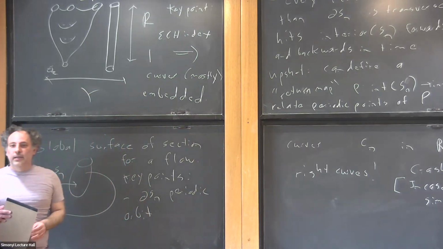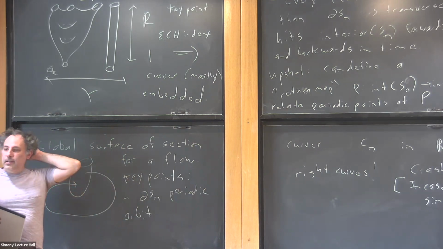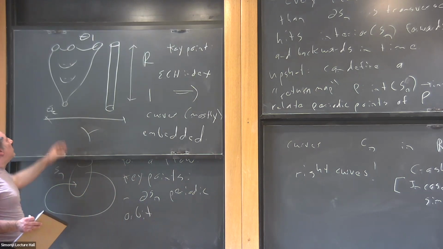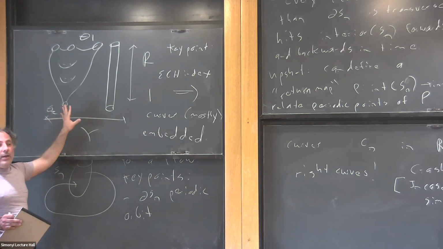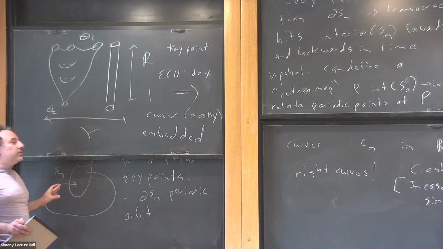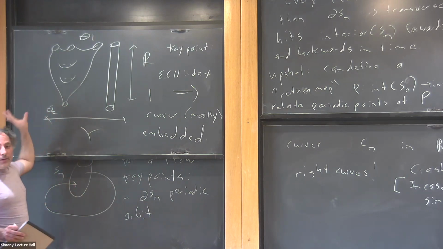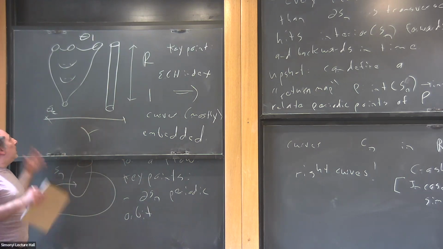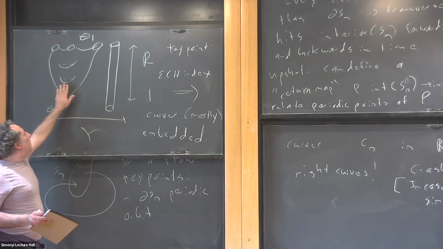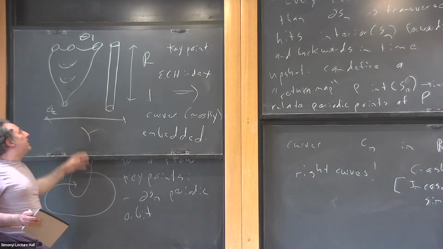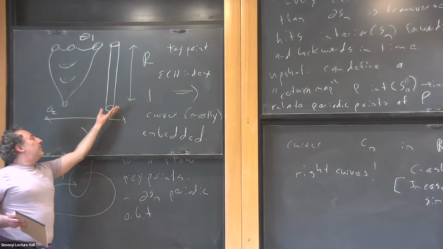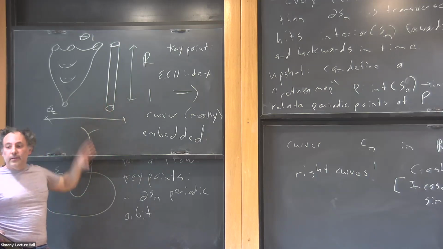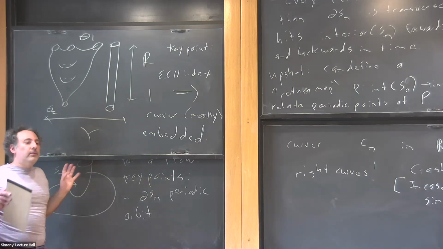What's the meaning of mostly? It has to do with this decomposition. If I have an ECH index 1 curve, it could have many components, but it turns out that it has only one non-trivial component, namely a component that's not R-invariant. That non-trivial component is actually embedded, but the cylinders could be multiply covered or something like that, though they are R-invariant.